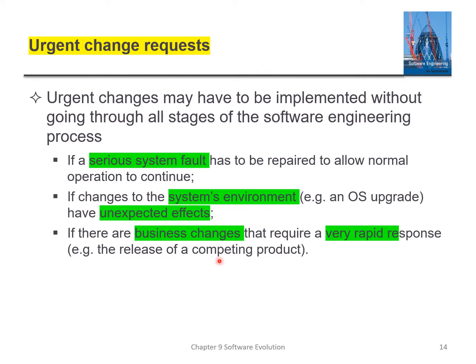Or sometimes the business changes because the organization changed to a new business domain, maybe from hotel to Grab Food, for example, an online food delivery system. So due to that reason, the system needs to be changed urgently.